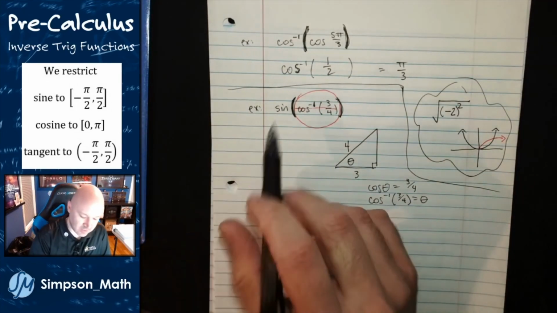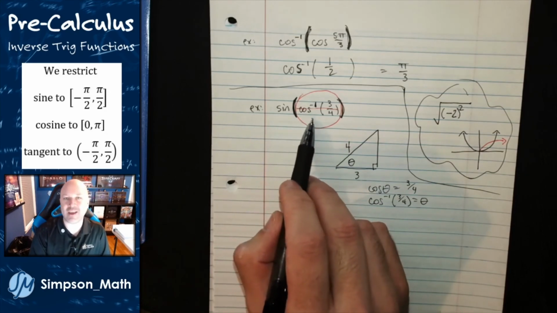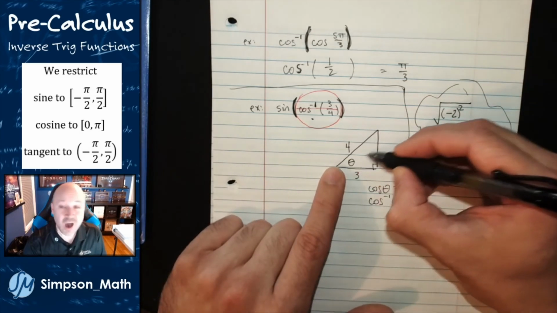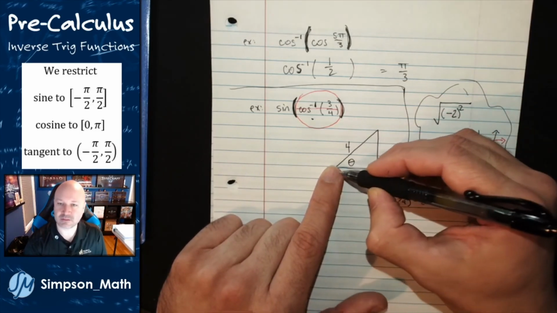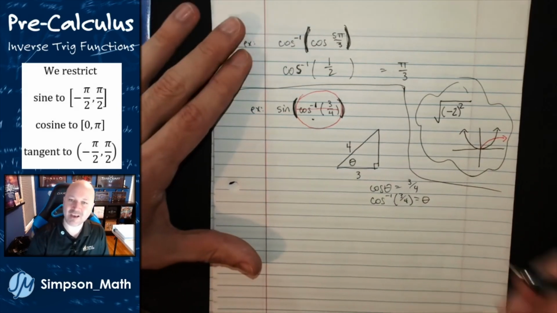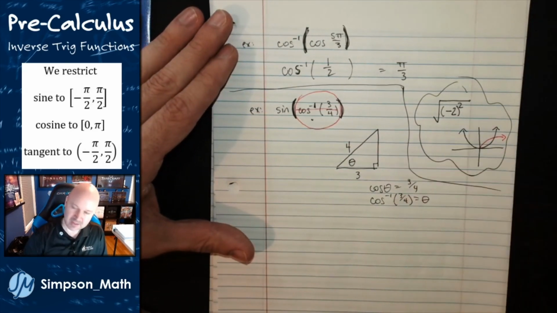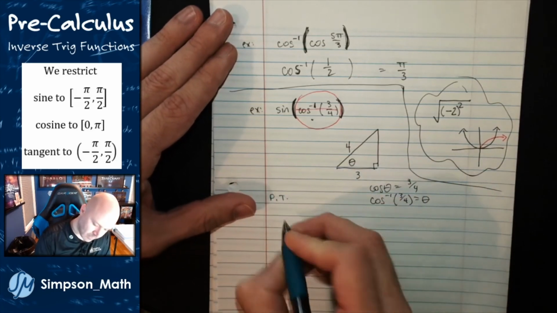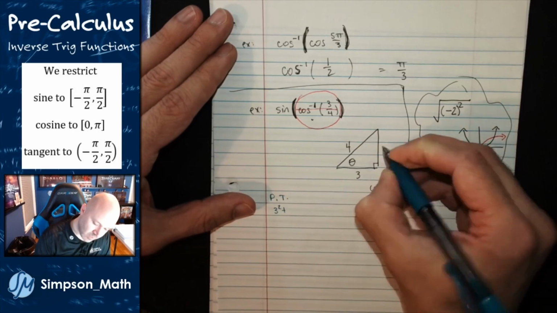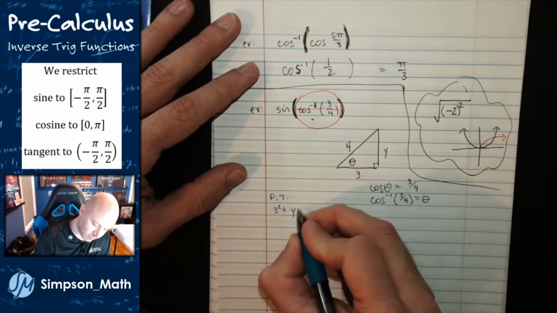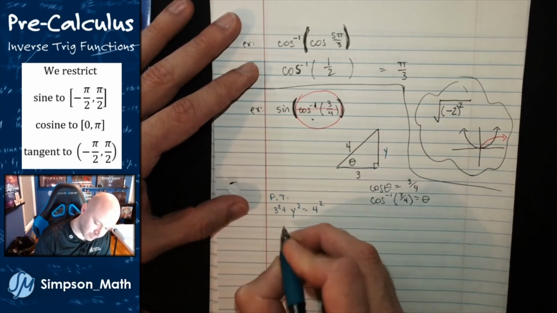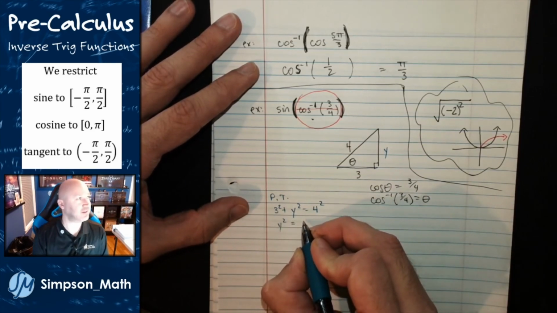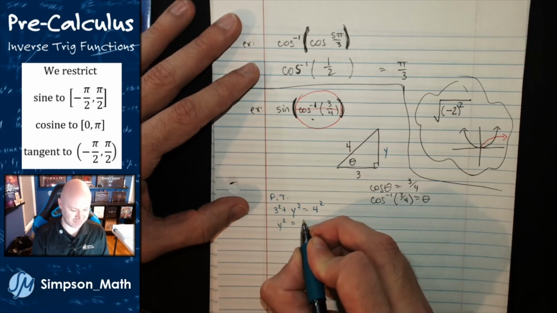Well, then the question is, what is sine of that angle theta? Sine of an angle would be the opposite side length over the hypotenuse. Well, I can do this. Pythag can help me find this other side length. I'll call it y. 16 minus 9 is 7.